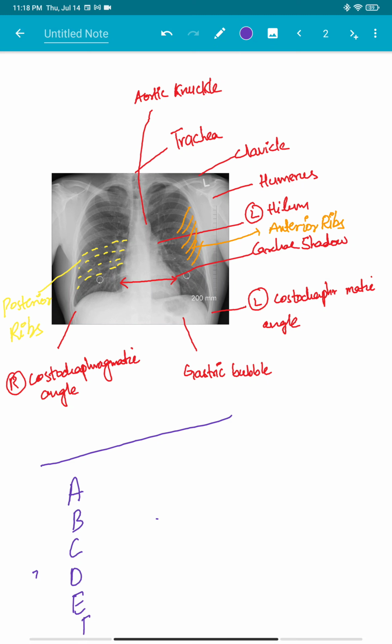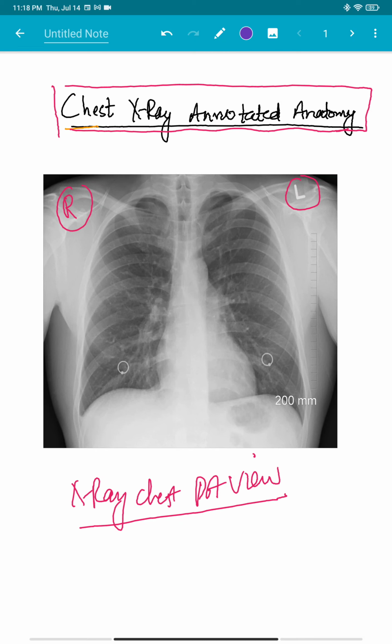First of all, A for airway. If we are looking for airway, the first thing we should look at is the trachea. Here you are seeing that this is the trachea coming here, here and here.